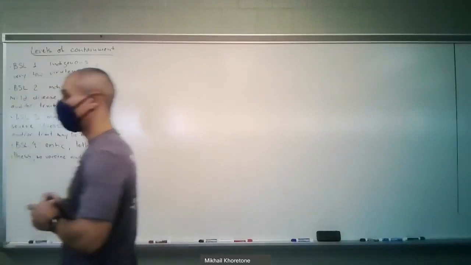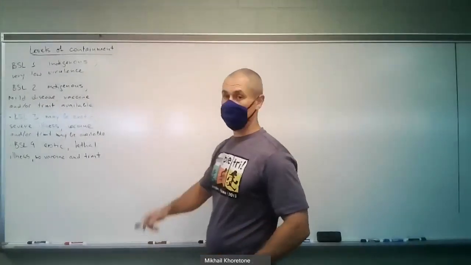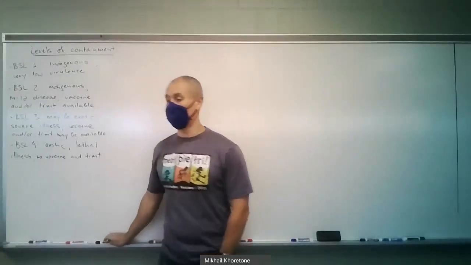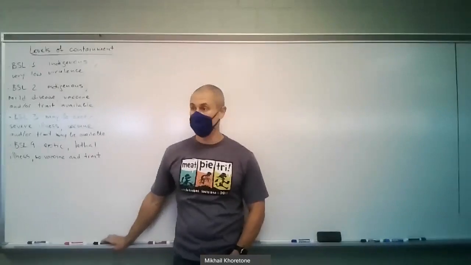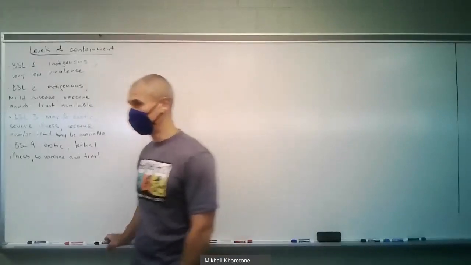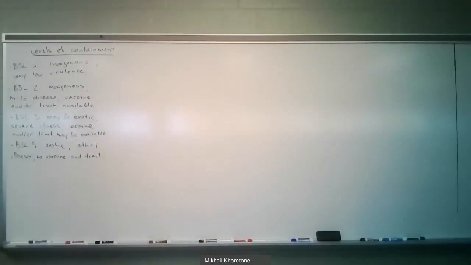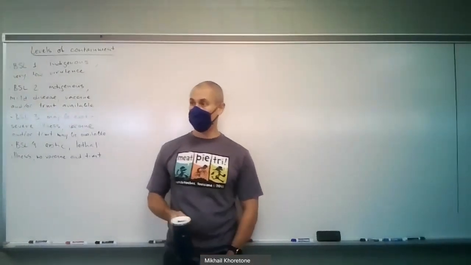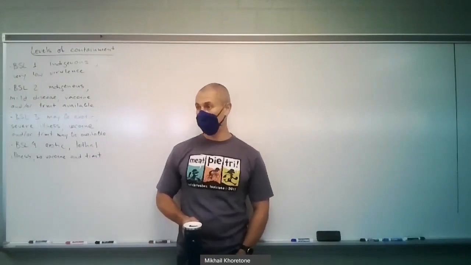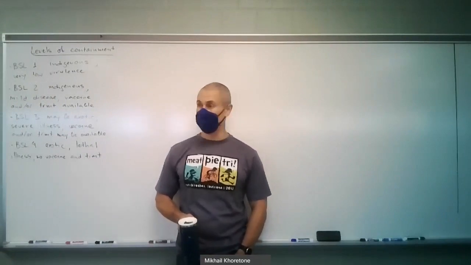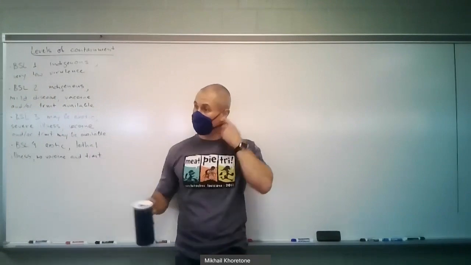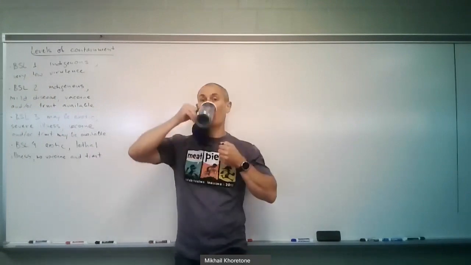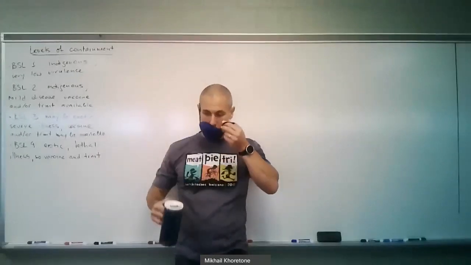Does that make sense? So examples of BSL-4 pathogens are virtually all hemorrhagic fevers. They all are exotic. The ones that you've heard about probably: Nipah, Ebola, Marburg, Lassa, Machupo, Hendra, all viral hemorrhagic fevers are BSL-4 pathogens.